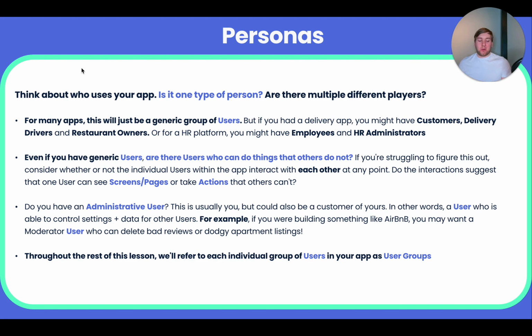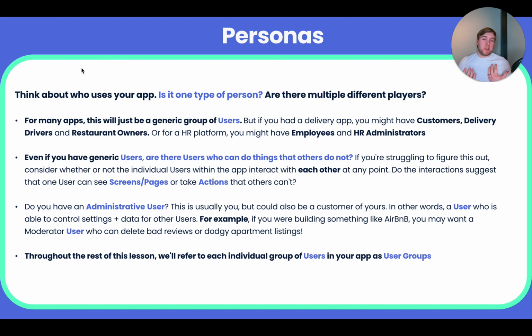Now, as much as we're talking about personas, persona for me is a very researchy type term. It's very broad, it's very touchy-feely. It's very much about not only who is this person, but what do they care about, what do they think about. However, when we talk about the different people going to be using your app throughout this, we're primarily talking about it from a data point of view.